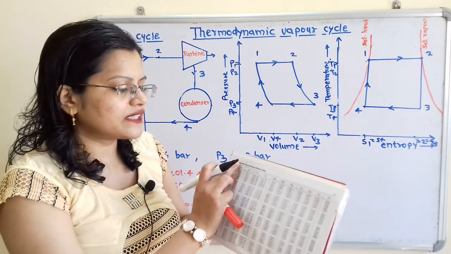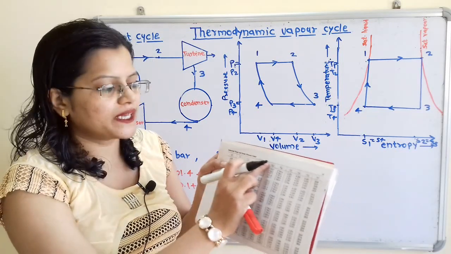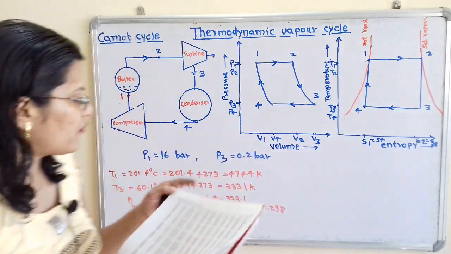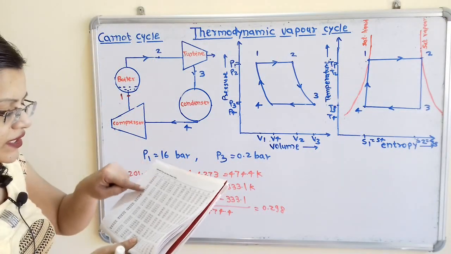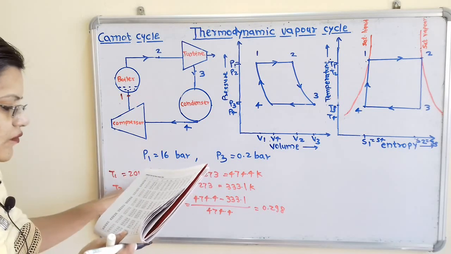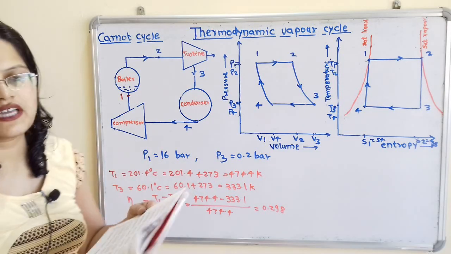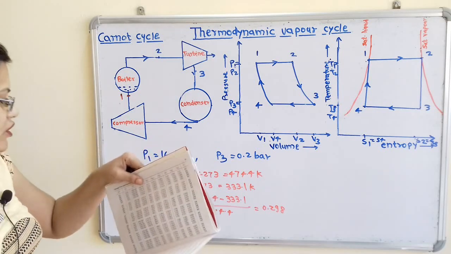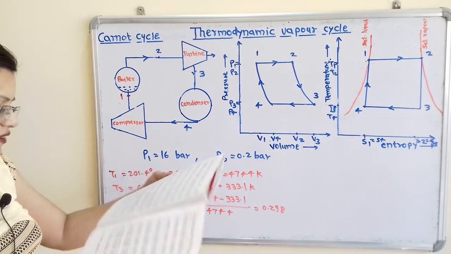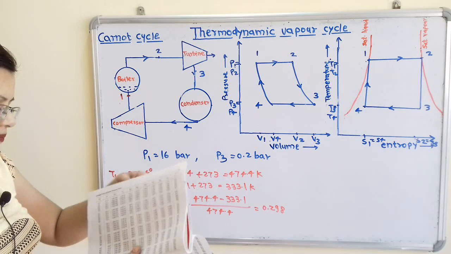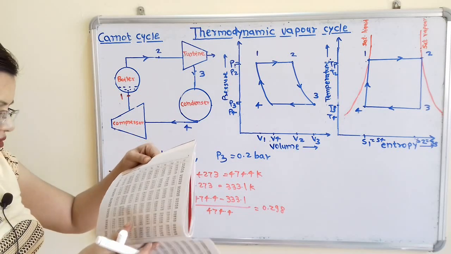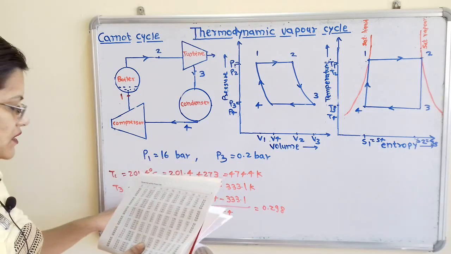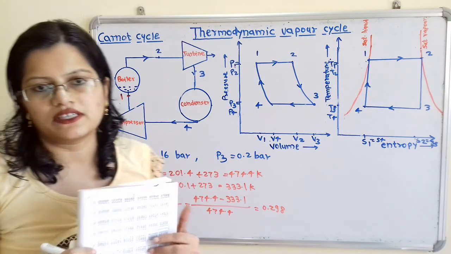So here is the saturated water and steam pressure table. That means in the first column pressure is given, and for 16 bar what is the temperature? That is 201.4 degrees Celsius. That we have to take the value, and for 0.2 bar we have to again find out. So here for 0.2 bar in the first column temperature is given 60.1 degrees Celsius.